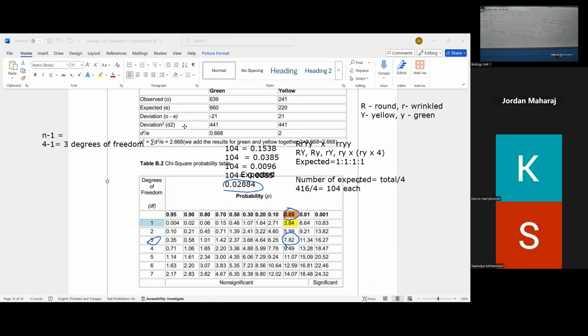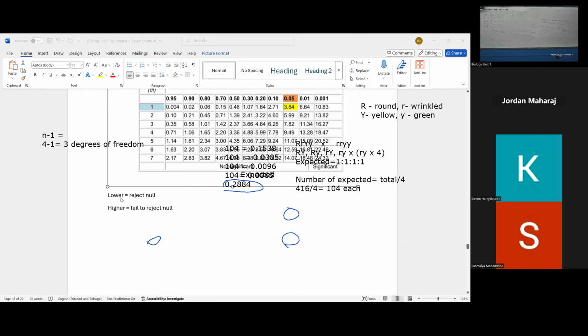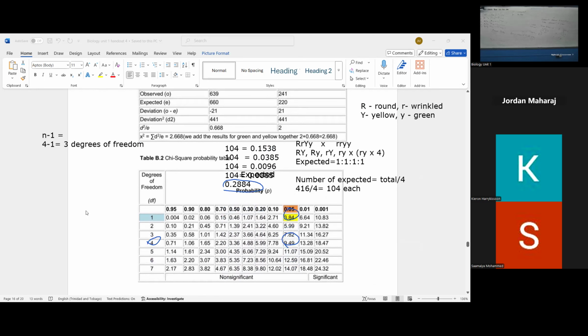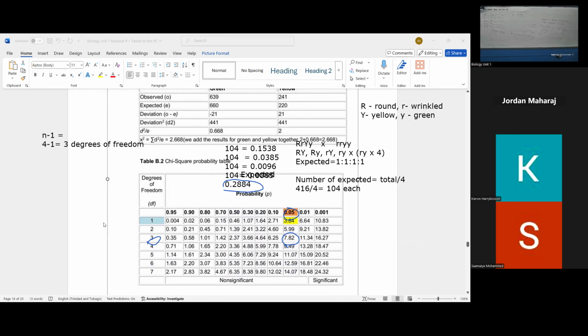Both of them are low, but in this case it will matter because ours is still less. Because the calculated chi-square value is less than the value from the table, we reject the null hypothesis.